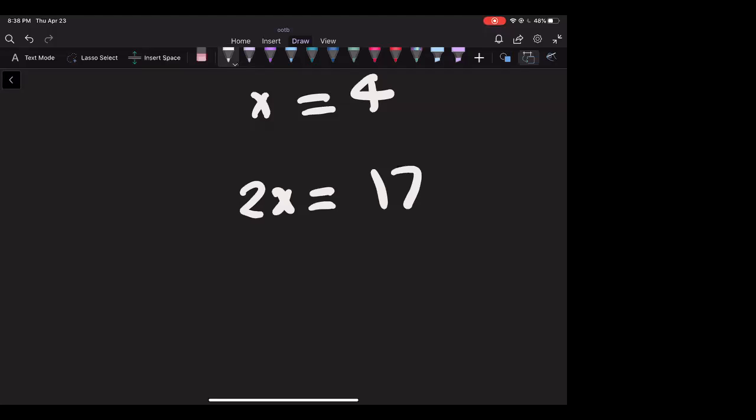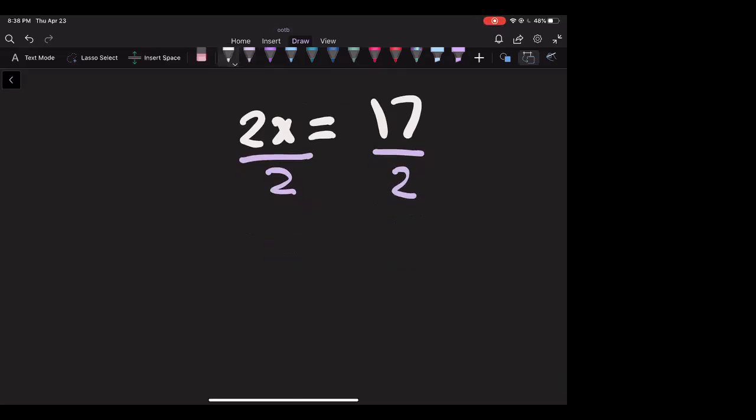But isn't there going to be a remainder from that? Yes, but you don't need to do that. All you need to do is divide by 2, right? Another way you can write divide is this way. So X is equal to 17 divided by 2.